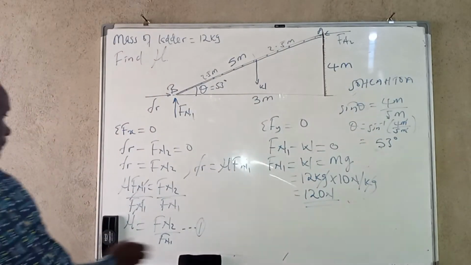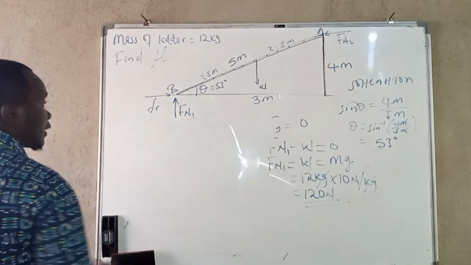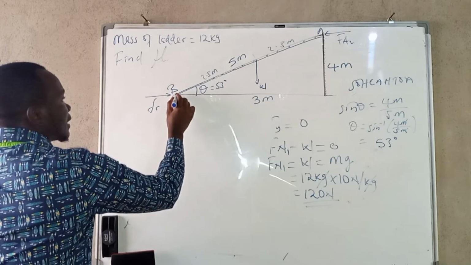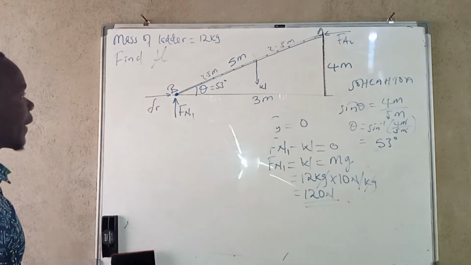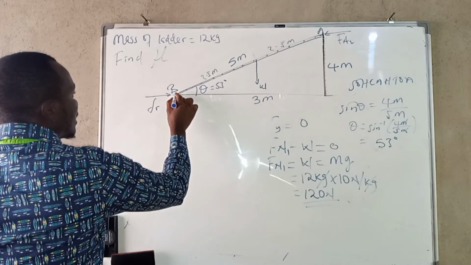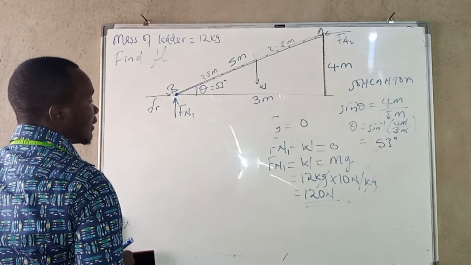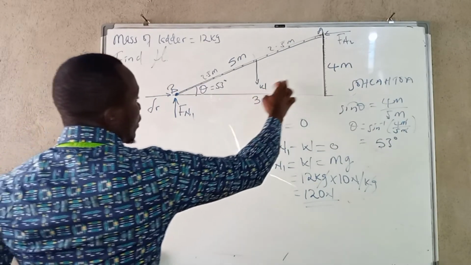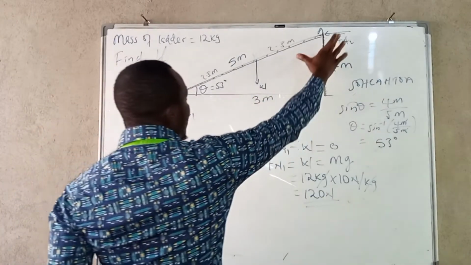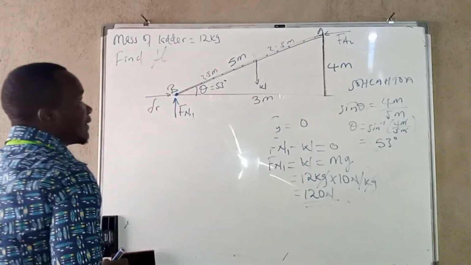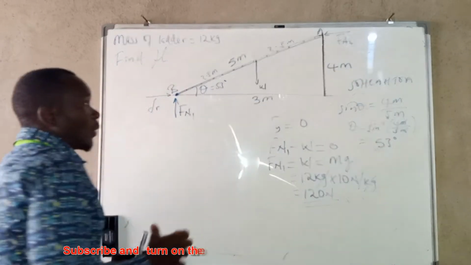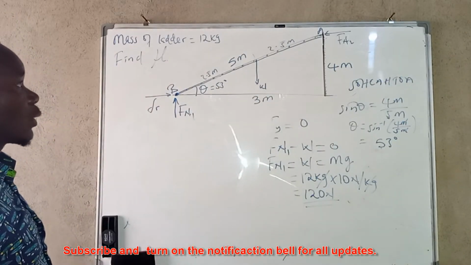Let me just erase this part. If we take the moment at point B, all the moments at this point will be 0. So we just have the moment for this and also the moment for this. The summation of these moments must give us 0, so that this one and this one are equal, because the anti-clockwise moments must equal the clockwise moments.